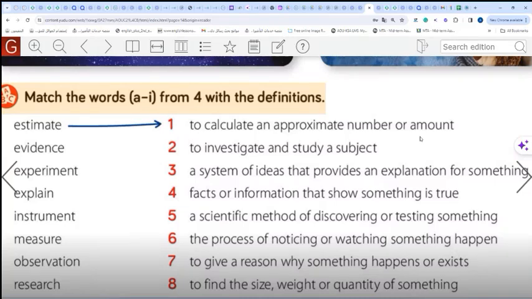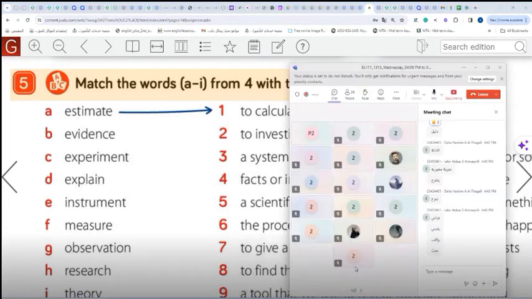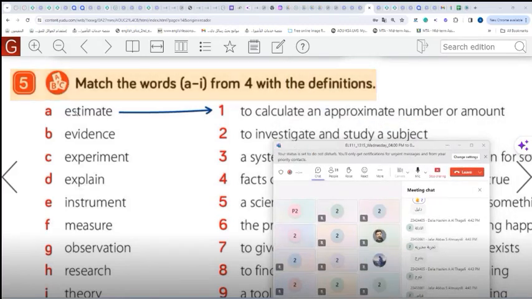Calculate is to give the exact number, but estimate is to try to calculate an approximate number or amount, maybe more or less. Do you understand? Again, dear students, when I say estimate, do you understand? What do you mean by estimate?